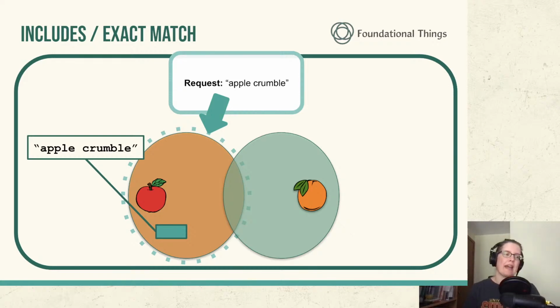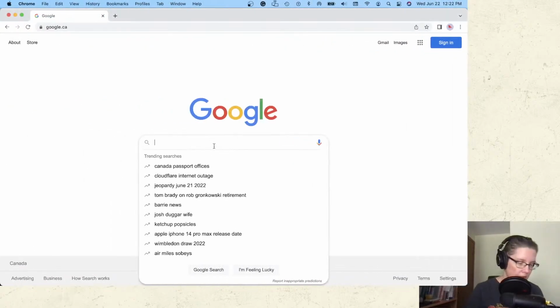But within that, we've got apple crumble specifically. Those two words together, there's going to be a subset. Maybe it's a much bigger subset. That really doesn't matter. The point is, within that circle, there's going to be a bunch of search results that will get pulled out by a search engine that contain apple crumble, those two words together. So let's look at this.